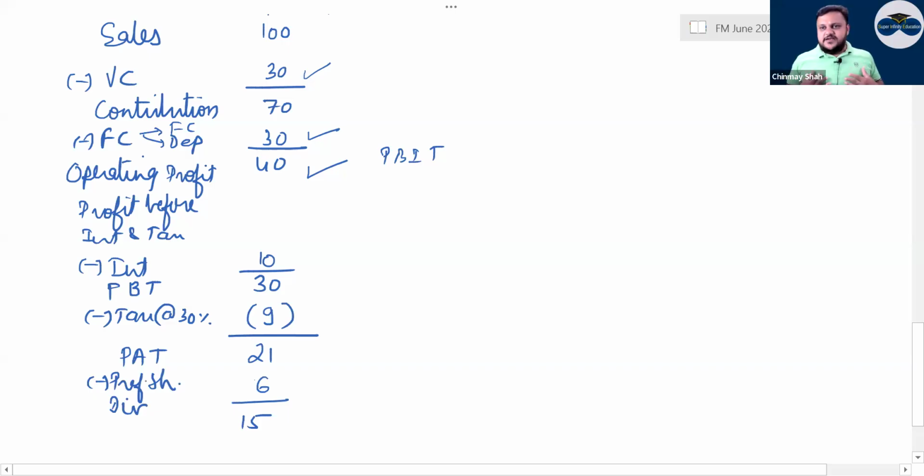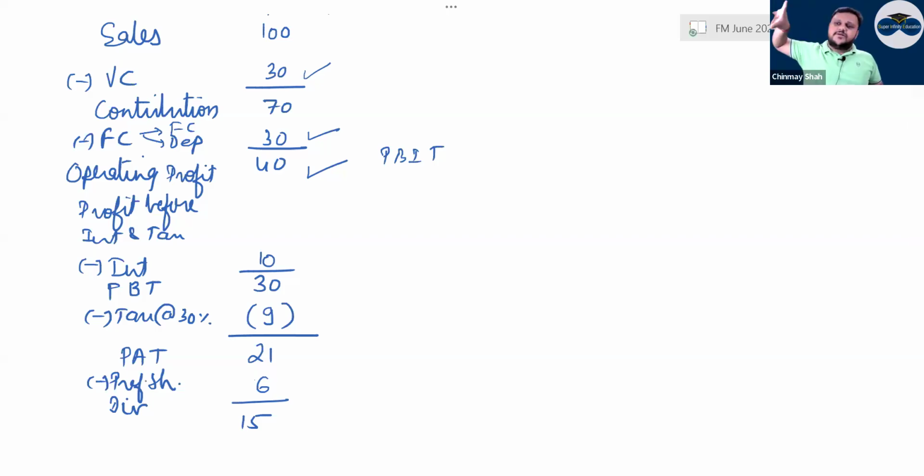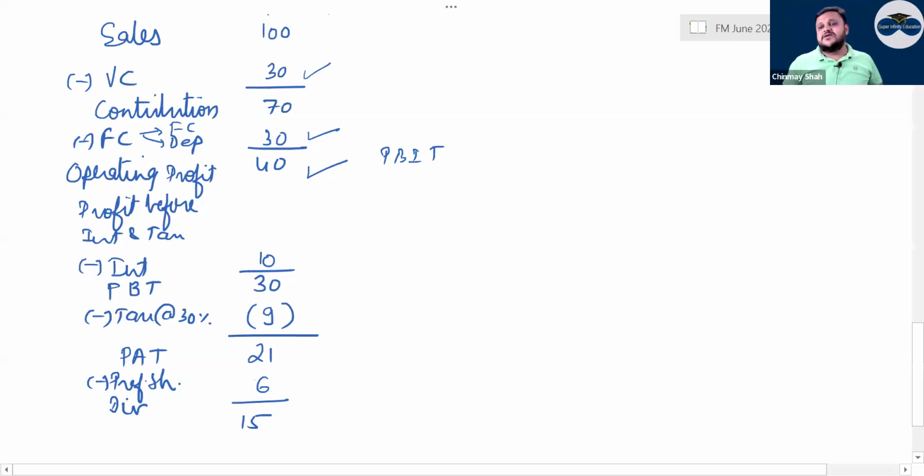It is my business. After paying for business, paying for debt, paying for taxation, paying all the preference shareholders, whatever is left is attributable to whom? This 15 is attributable to the owners of the company.